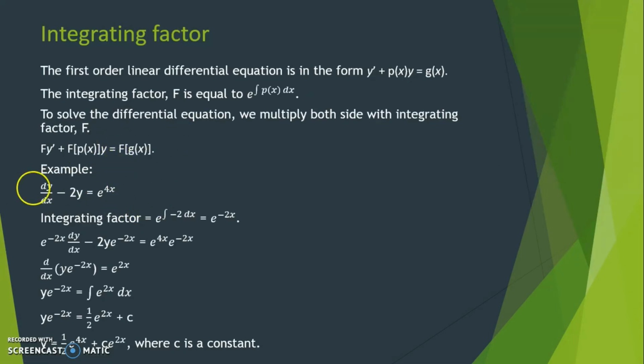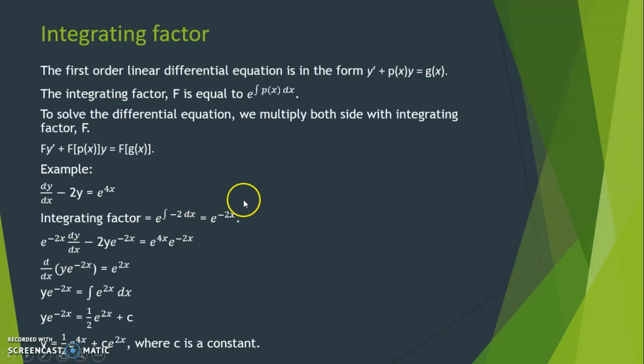Now we look at the example: dy/dx - 2y = e^(4x). From here, we compare with this equation. We know that p(x) is equal to -2. So the integrating factor is e to the power of the integral of -2 dx, which gives e^(-2x).